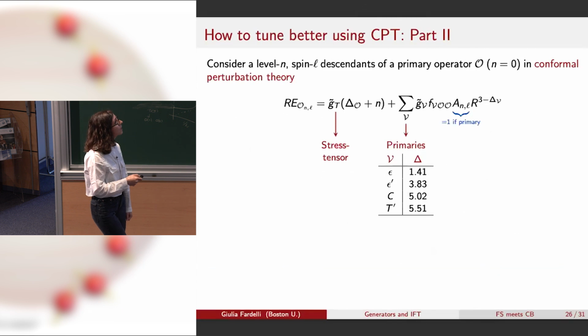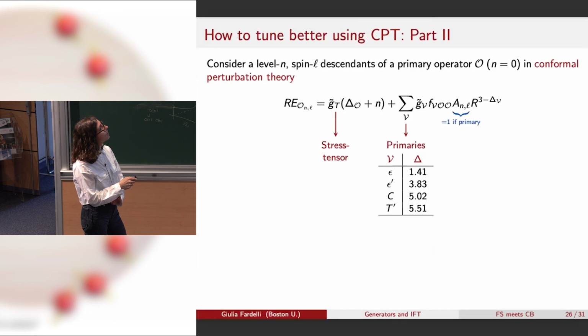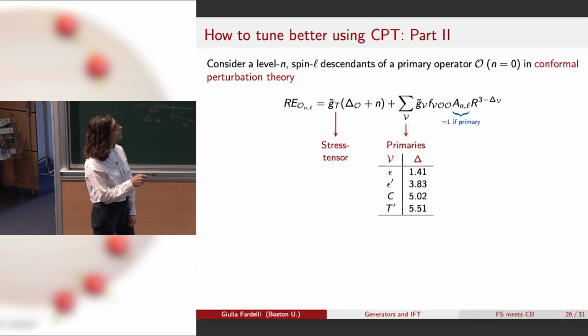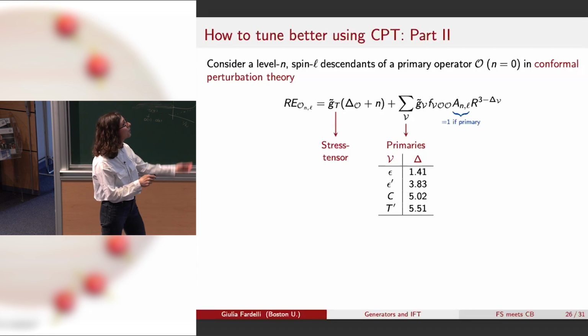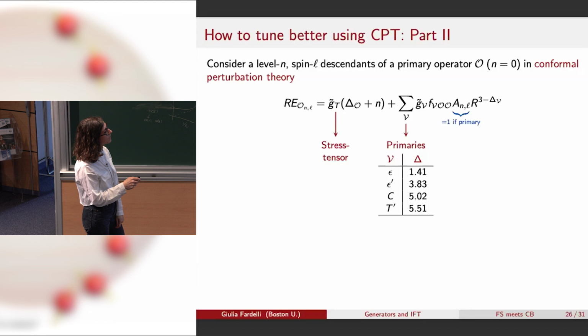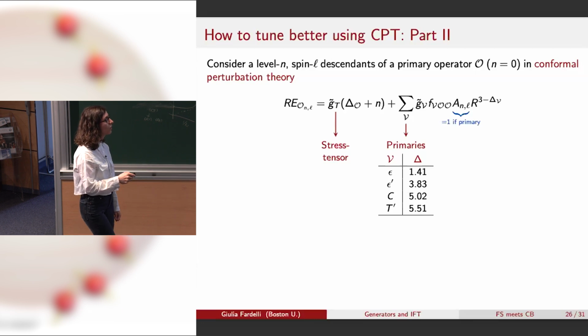So once again, the energy is going to be the energy from the CFT dimension. Instead of having the velocity, the speed of light, here we have the coefficient of the stress tensor plus the correction from the operators that we are perturbing by, which are proportional to the OPE coefficient times some factors, which depend on whether this operator is a primary or not.